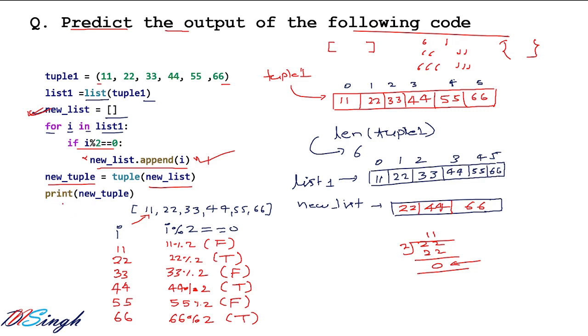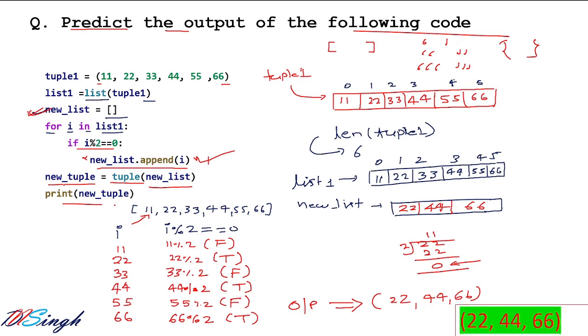And when you print new tuple, it is going to be printed in the form of a tuple. So the output will be like this: 22 comma 44 comma 66, because the tuple constructor will convert this new list into a tuple. So this is the final output for that particular question. Let us see the output. So that is 22, 44, 66.